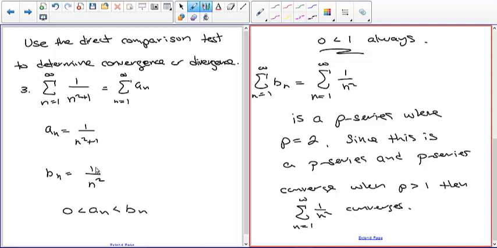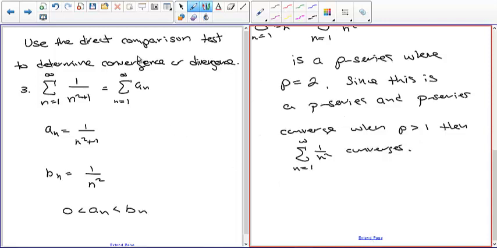So we're proving this one converges according to the p-series, but then we have to use the direct comparison test.